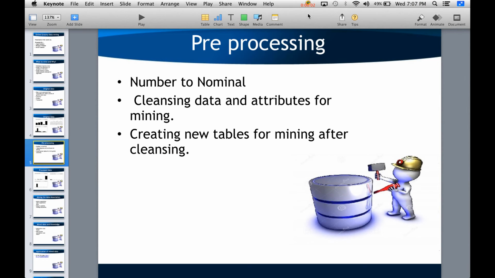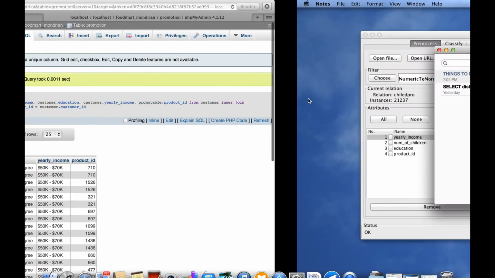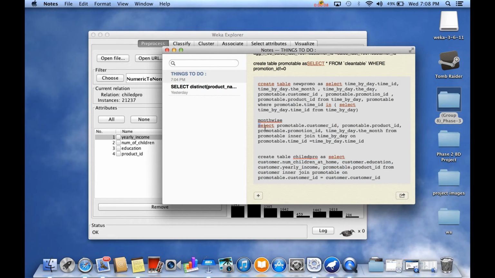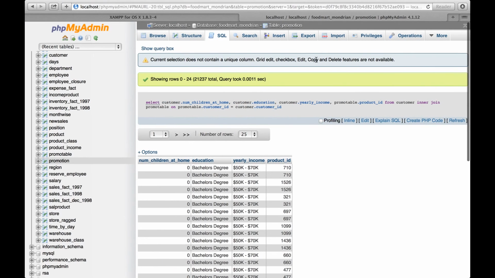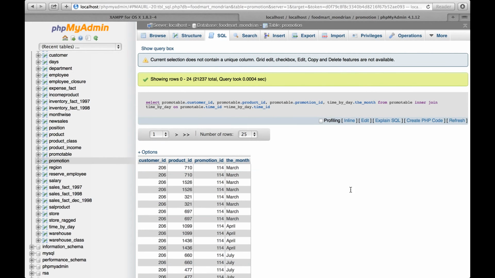I'm Kunal Sawant and I'm going to continue the topic of cleansing of data. Now we'll be running the following query. In this table, we try to find out the relationship between the customer ID, product ID, the promotion ID, and also the month in which the transaction has taken place.